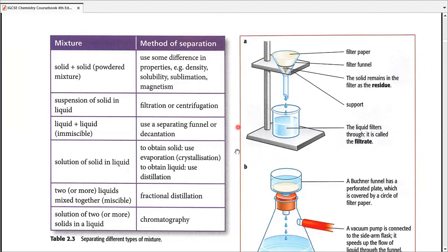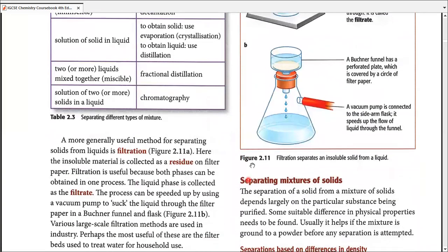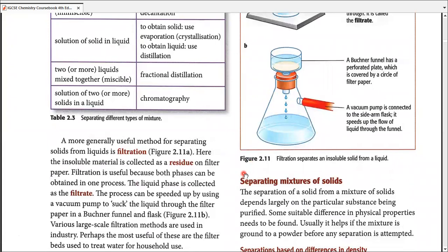Now, when we come to this diagram, the presence of a Buchner funnel and a vacuum pump can actually speed up the process, which brings us to a point that filtration might be an easy process. Filtration might be something that you might have easily done with your own hands in the very first time successfully.